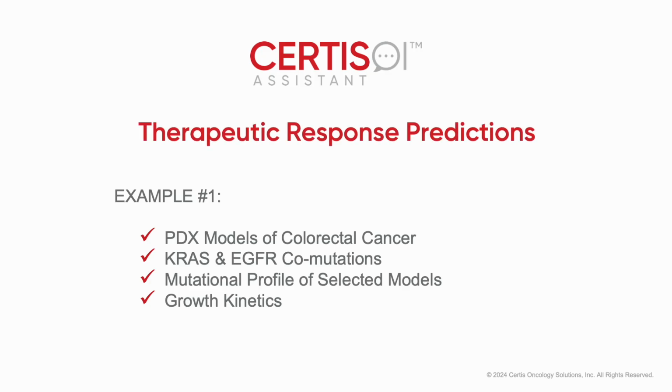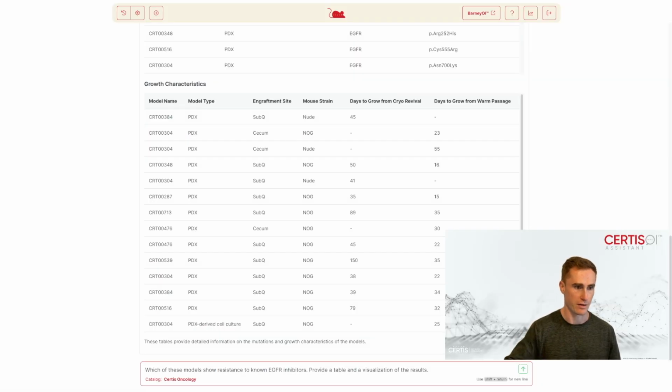So let's take this scenario one step further and talk about therapeutic response predictions. I mentioned before that we have a pre-built library of FDA-approved drug predictions against all of these models. So in this scenario, let's say that we're investigating EGFR inhibitor resistance.